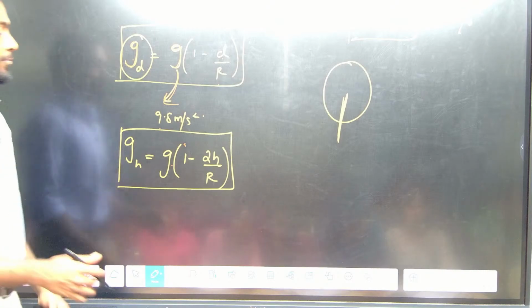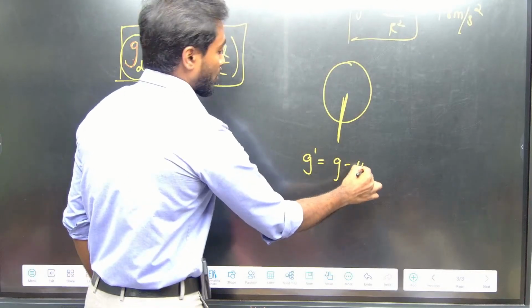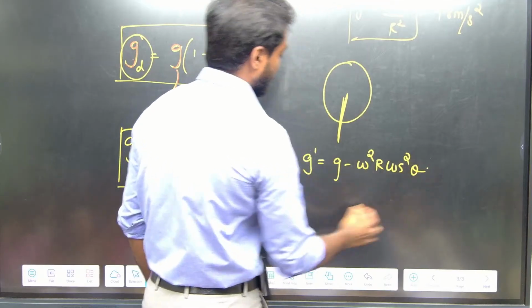Write down the formula. G dash will be equal to G minus omega square r into cos square theta.